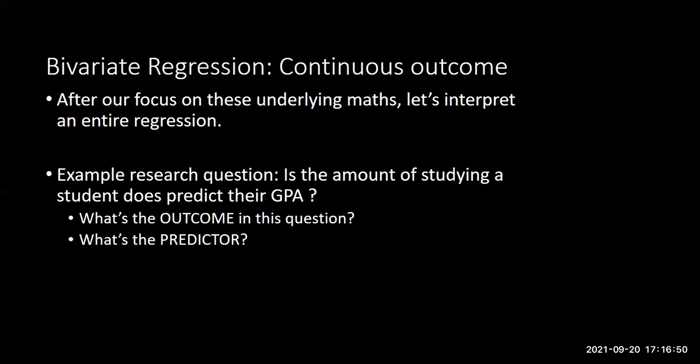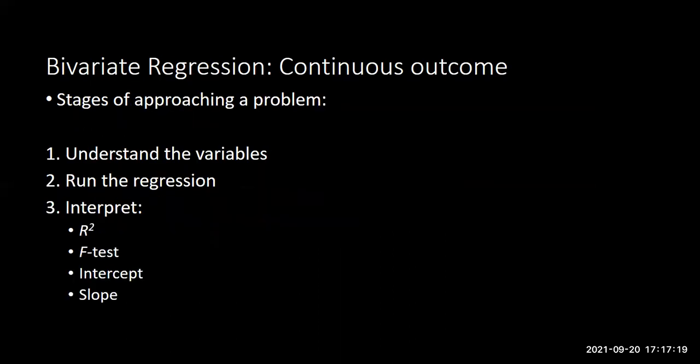So, if you know my outcome and you know my predictor, do you know which of these predictors is going to be in my full model? Time spent studying, exactly. What's going to be in my restricted model? Yeah, nothing at all. Just GPA as my outcome. The mean of GPA.